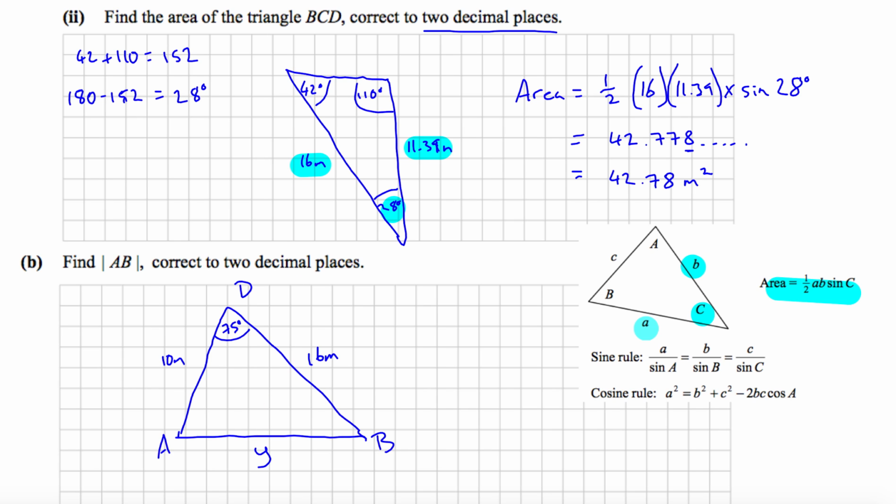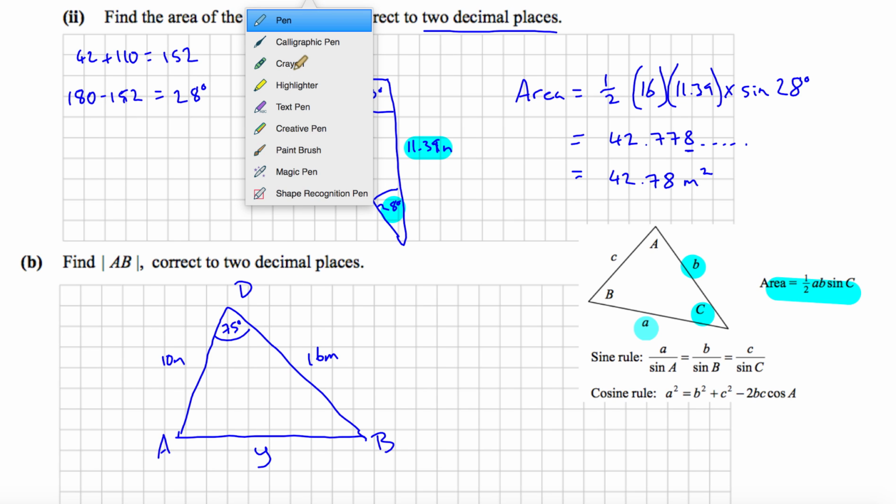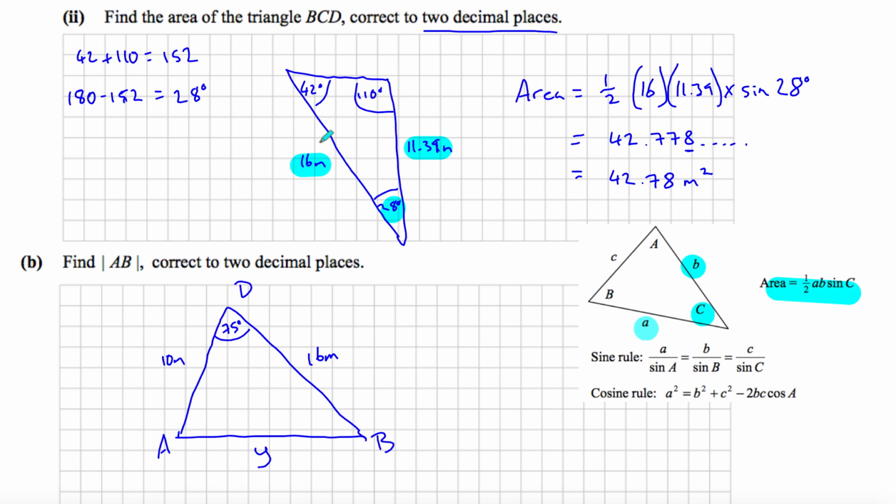Okay, so if we have a situation here where we have two sides, we have the angle between them, and we're looking for the side opposite the angle, that should prompt us to think of the cosine rule.